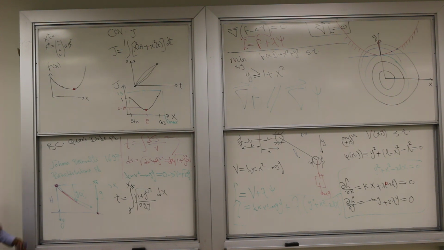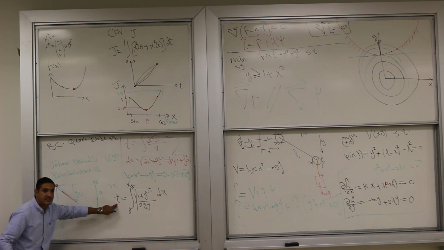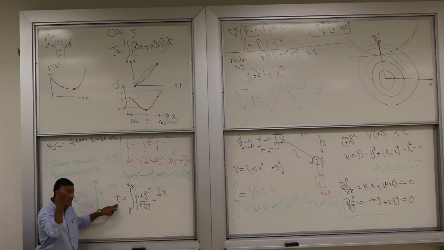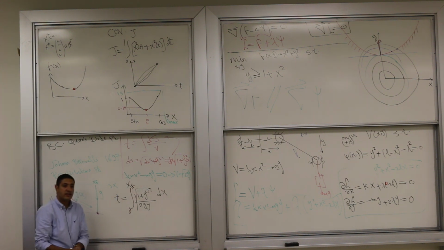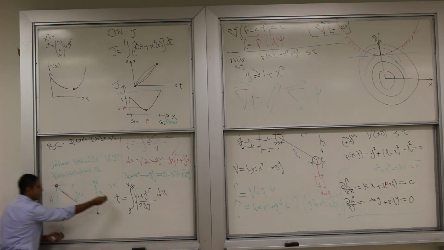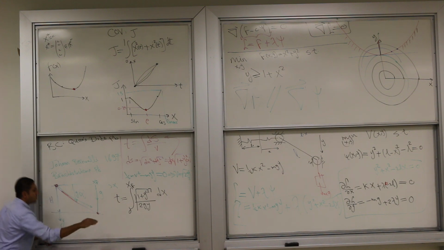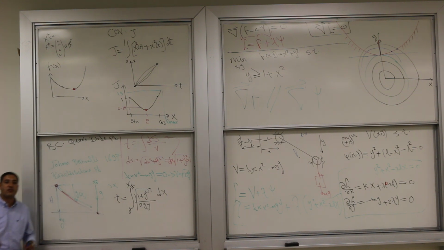And I'm looking for y of x, the shape of the function y of x, that minimizes this t. If you give me y of x as a shape, and then I do this definite integral, I'll get a value for t. So if you do linear, you'll get some value for t. If you do exponential, you'll get some value for t. I'm looking for the shape of the function that minimizes the time of the excursion.